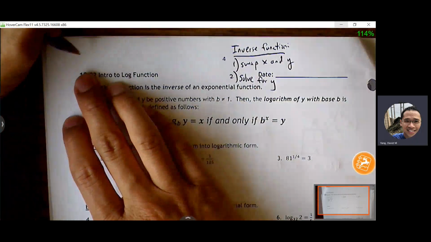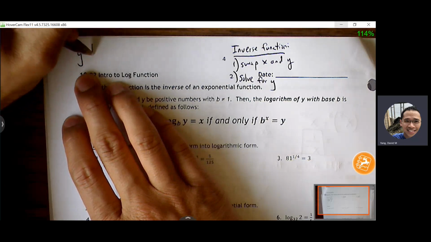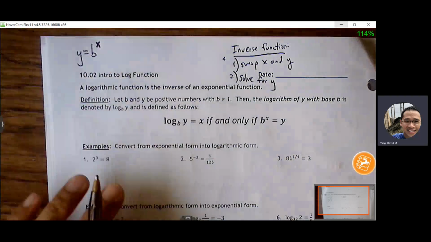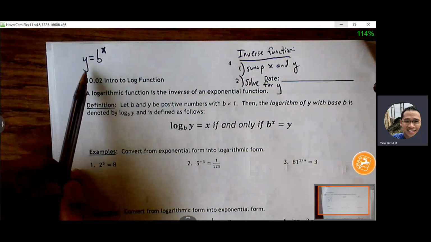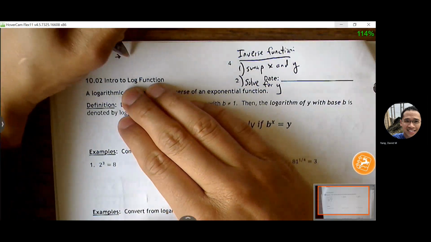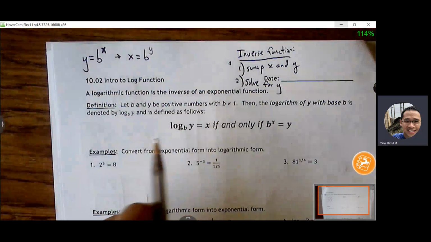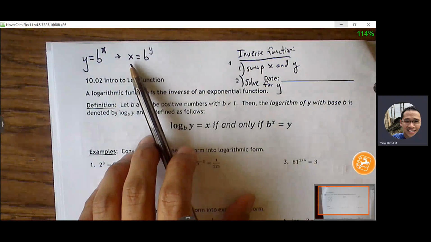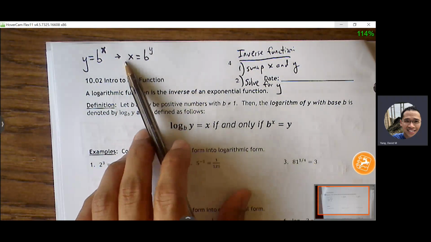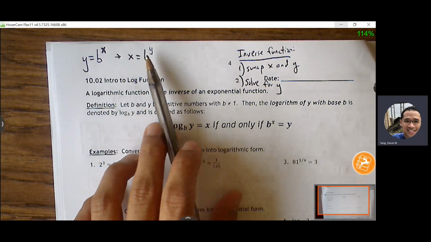So let's say we start off with something that we recognize here, an exponential function: y equals b to the x. If I want to find the inverse function, I'm going to start off by swapping the x and y, so I'm going to make this x equals b to the y. And now I want to solve for y. To solve for y, we have to get it into a form where the y is by itself.